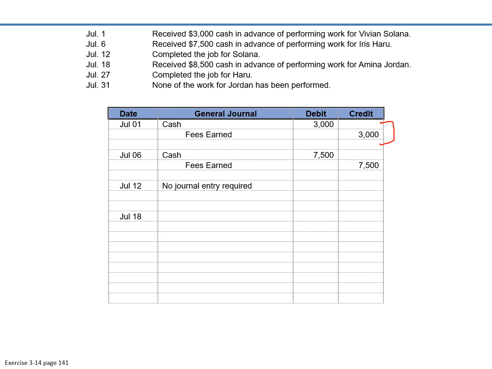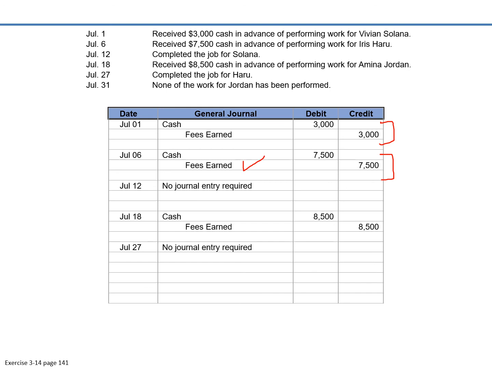But their policy is to record it to fees earned, right? So we're going to debit cash to increase it, and we're going to credit fees earned revenue to increase it. Then we completed the job for Haru. Well, let's see, Haru is this $7,500 job. We already recognized it as earned, so there's no entry required.